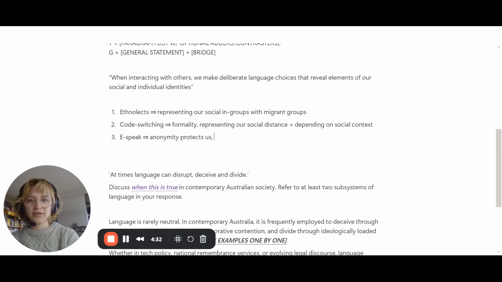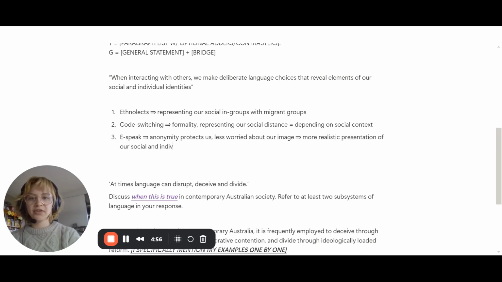So we still use face needs when we're anonymous, but we are less worried about our image, which means we're going to have a more realistic presentation of our social and individual identity.